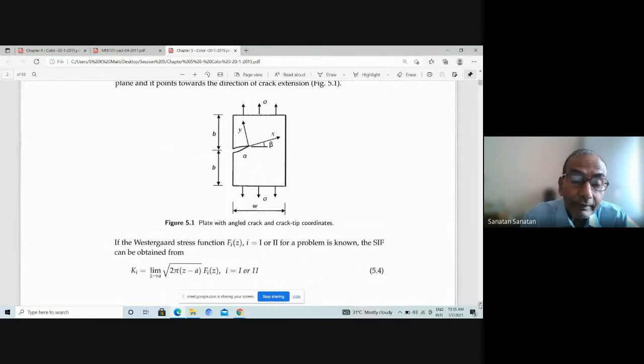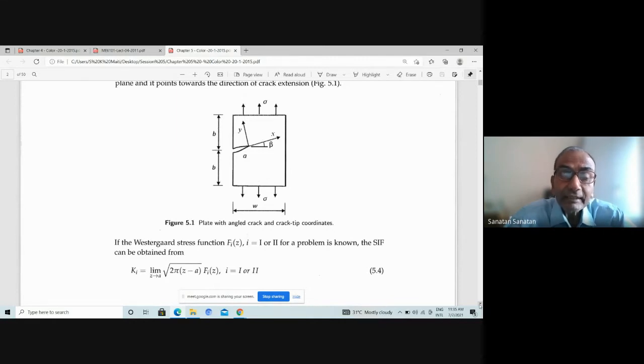Now, in case you have problems where the crack is not oriented in the convenient direction, for example a crack at an angle with the loading direction, such problems will involve both mode 1 and mode 2, and one can take the stress function in terms of the Westergaard stress function.